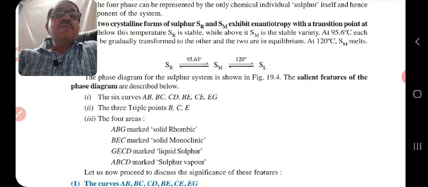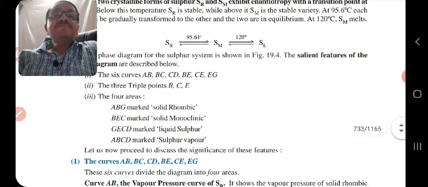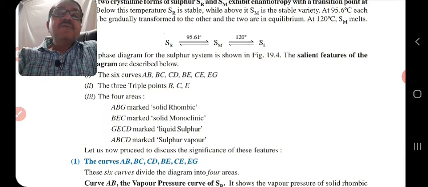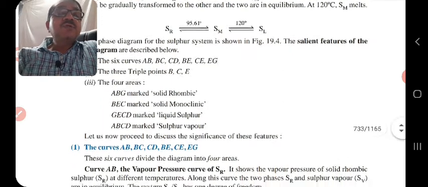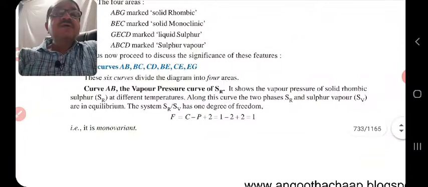The 3 triple points B, C, E, then the 4 areas: ABG marked solid rhombic, BEC marked solid monoclinic, GECD marked liquid sulfur, ABCD marked sulfur vapor.